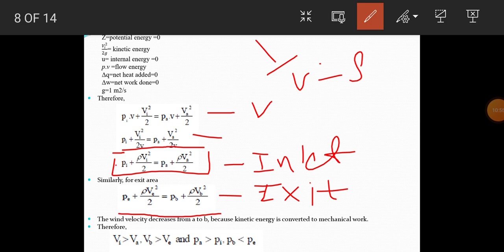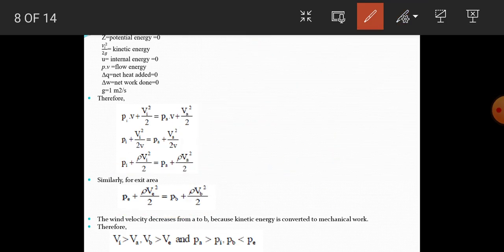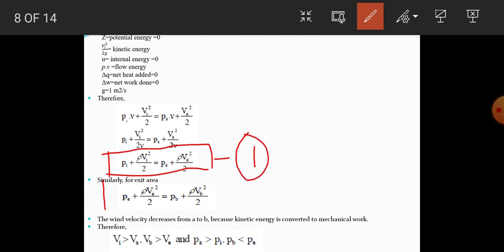Now what we will do is, let's consider this equation as number 1 and this equation as number 2.